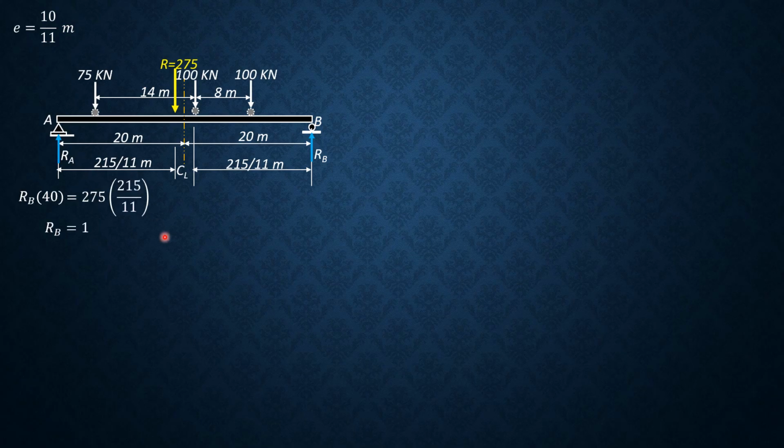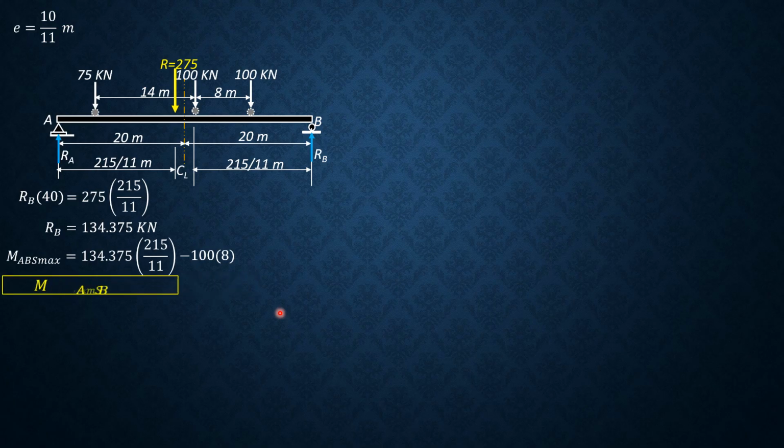So RB is 134.375 kilonewtons. Finally, M absolute max is RB, 134.375, times 215 over 11 minus 100 times 8. So M absolute max equals 1826.42 kilonewton meter. So that's it for this problem.